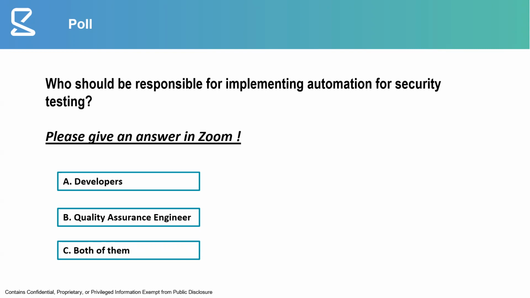Okay, so you think it should be a cooperation between the two? Yeah. Okay, so let's see what the audience is thinking, who they think is responsible for this task.